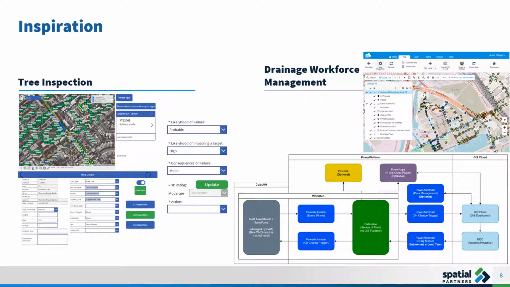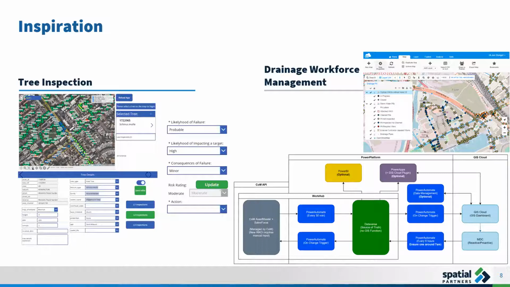This allowed us to have a spatially enabled tree data set, which you can see in the top screenshot. Below that is what you're then able to inspect. If you're looking at that tree, you're able to control what is being edited and what options are able to be passed into that.